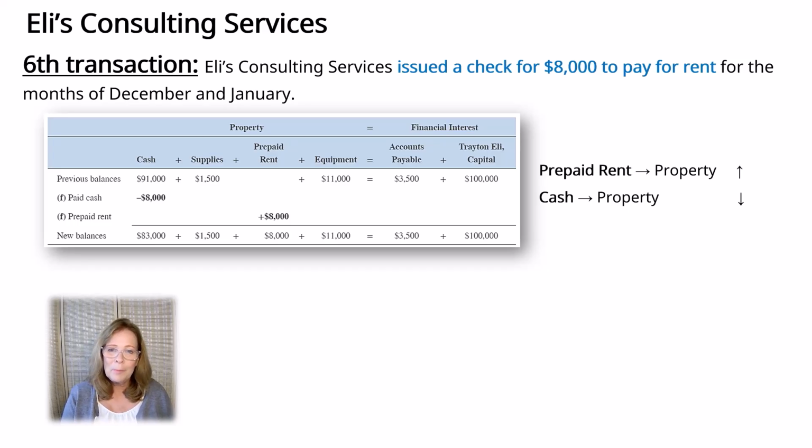The table we've been using provides us with a lot of information already, and it's really interesting that these numbers already tell a financial story about this business, such as how much cash is available, how much the company owns in terms of supplies, prepaid rent, and equipment, and how much the company owes to others. We've only recorded 6 transactions, so it's still fairly easy to have a good overview of the amounts.